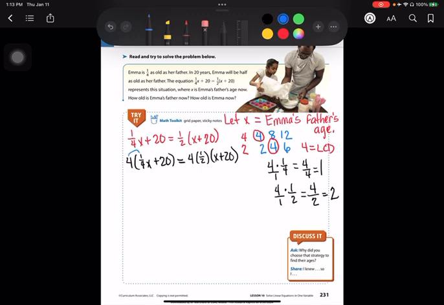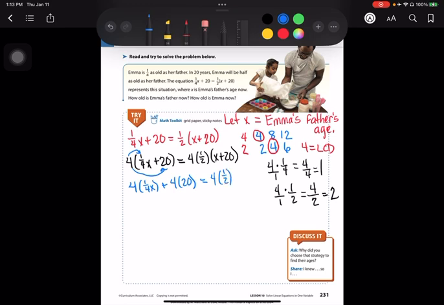We're going to distribute 4 times 1/4 x and 4 times 20. So 4 times 1/4 x plus 4 times 20 equal to 4 times 1/2.